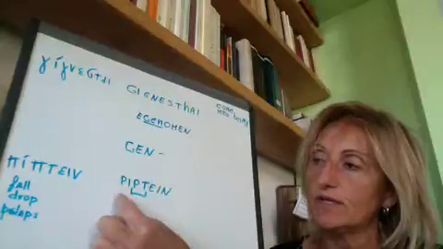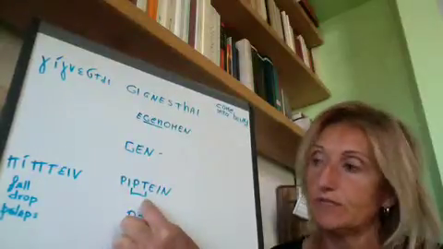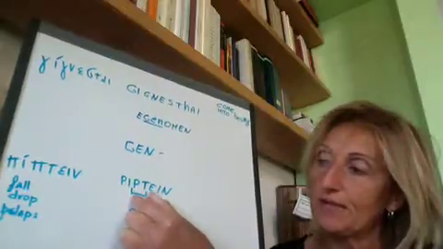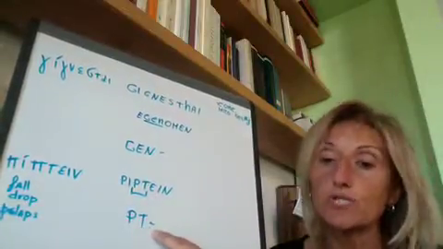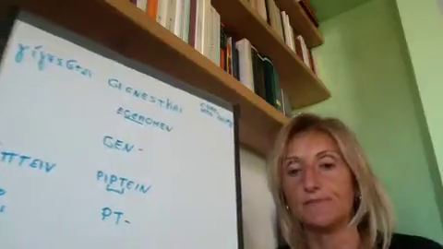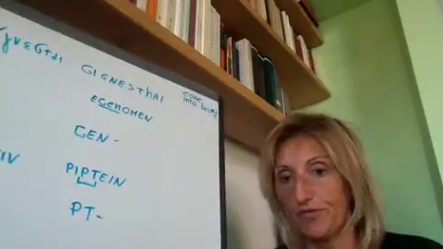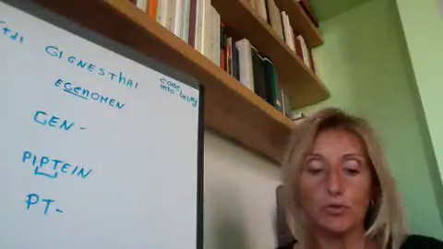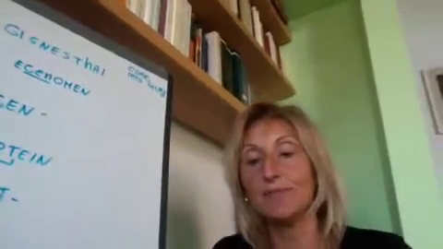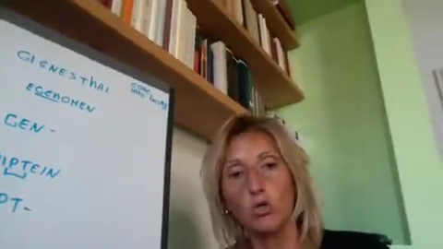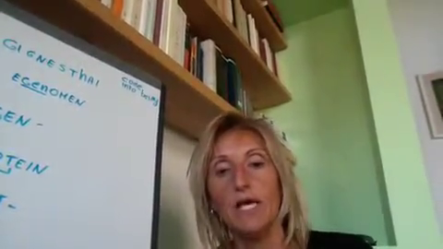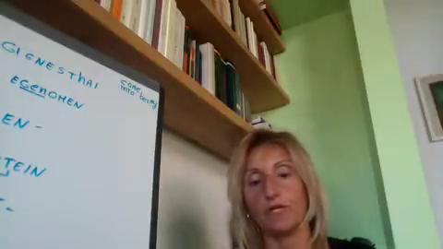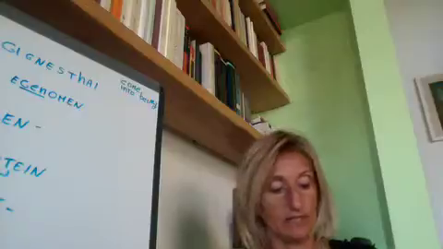The pi is just a duplication of the basic stem pt, from which you form the medical terms. So this is only to explain to you why in many cases the column of the Greek verbs looks so different from the combining forms that you get for the English terminology.